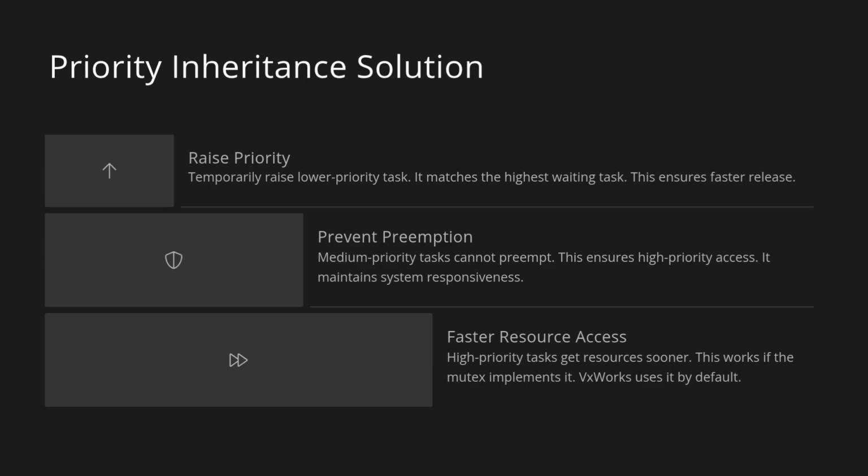Once the LPT finishes its critical section, the high priority task can enter its critical section, and once the high priority task has exited its critical section, finally the medium priority task can start executing. Thus, the high priority task will get the resource sooner and ends up waiting less time.